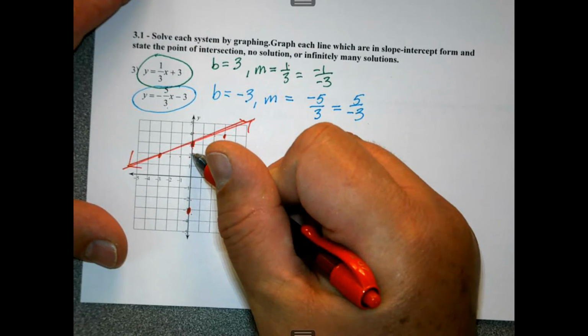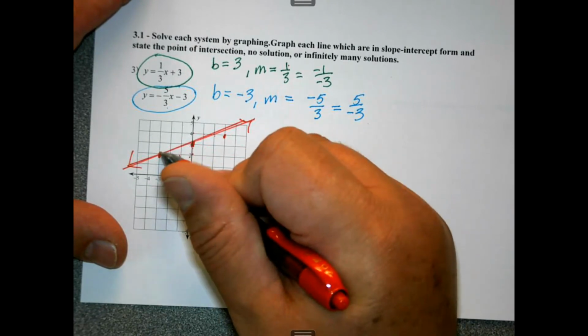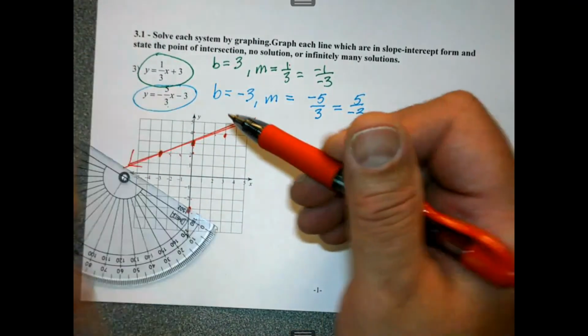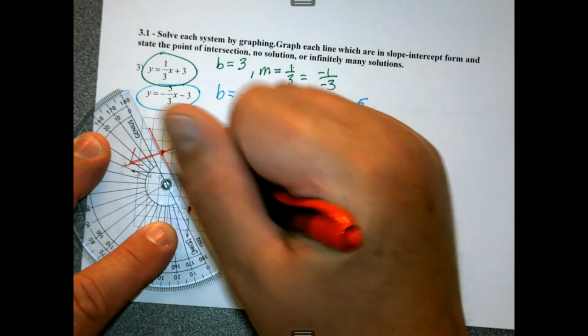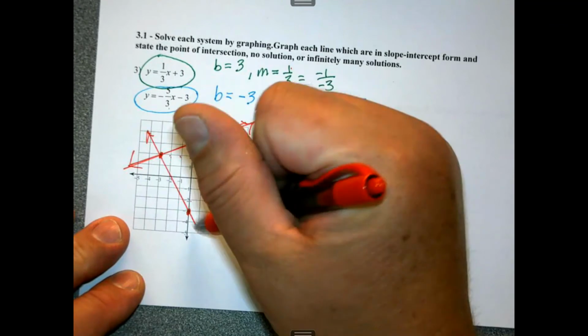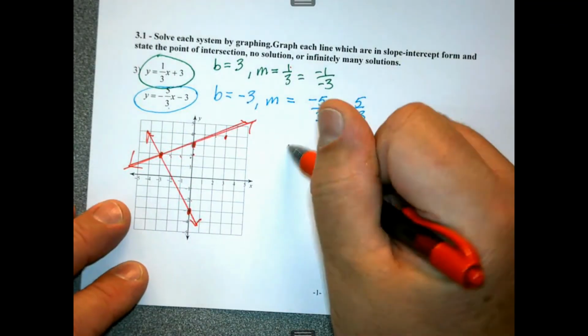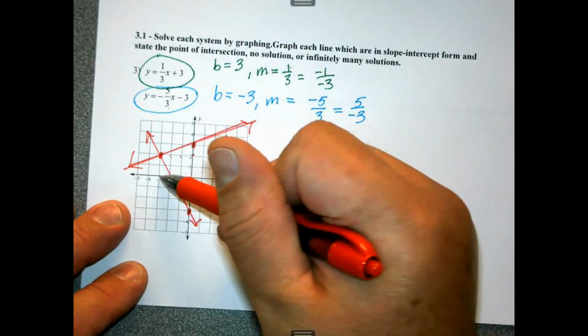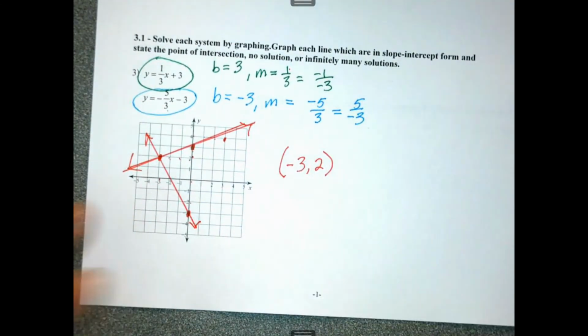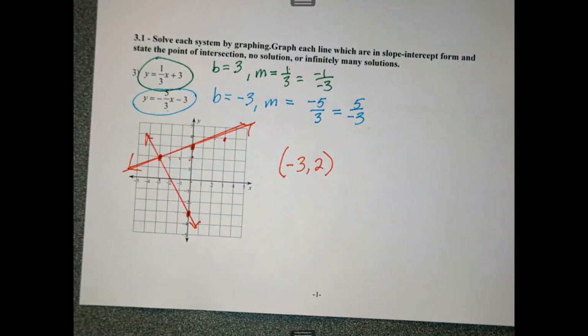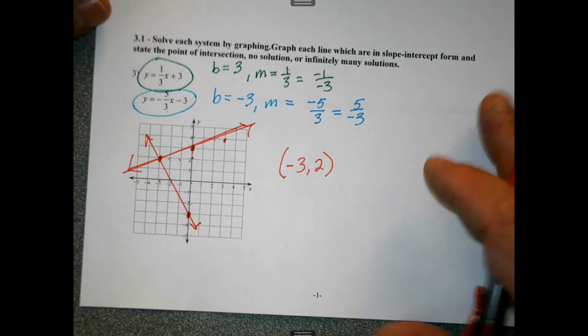To the left 3. 1, 2, 3. There's the point of intersection. So this is the scenario where I have exactly one solution. It intersects at the point negative 3, comma 2. So that's solving systems by graphing.